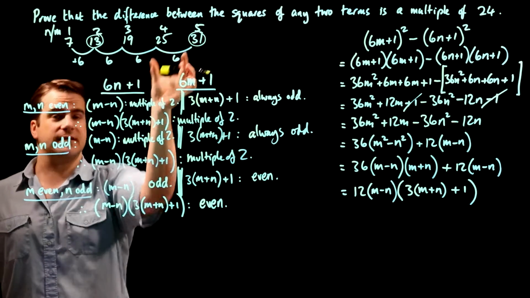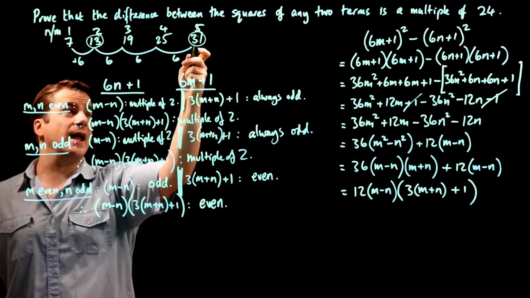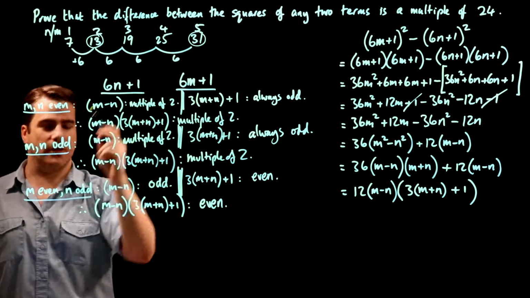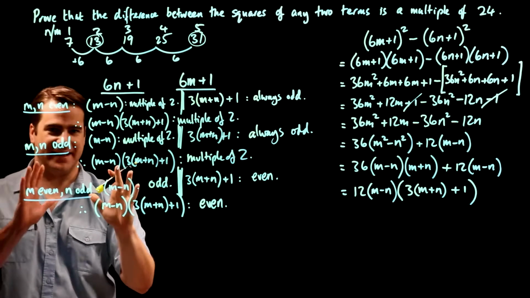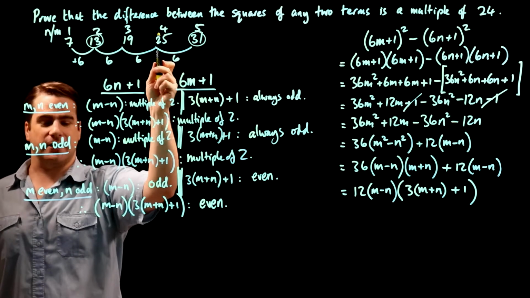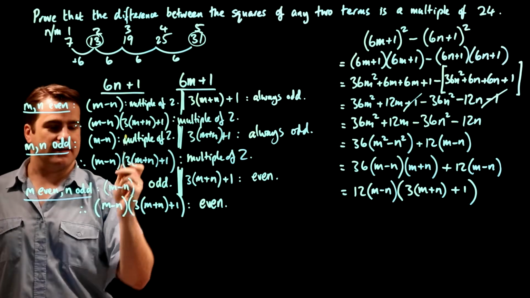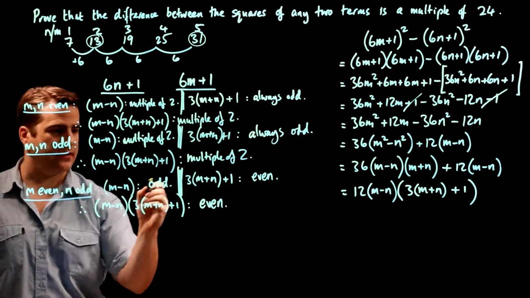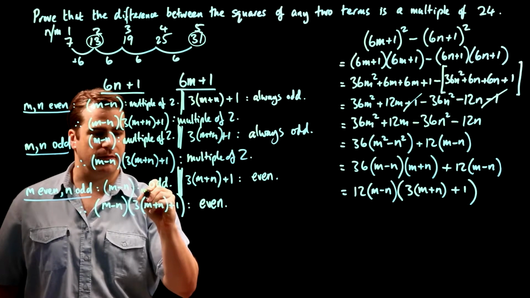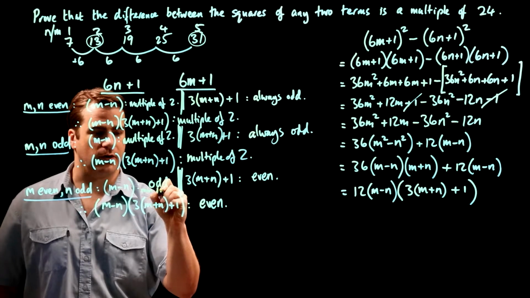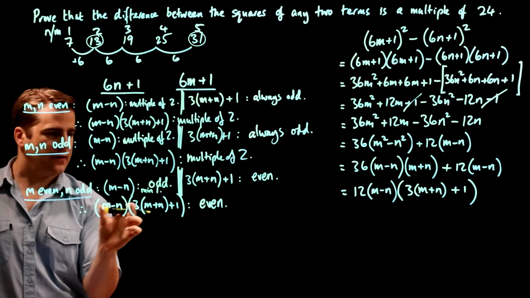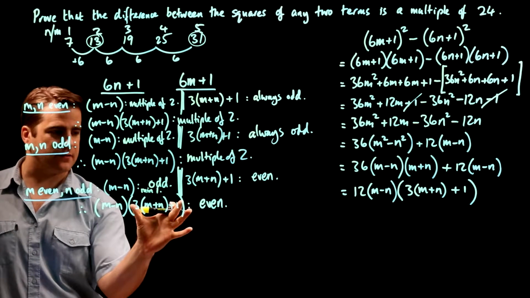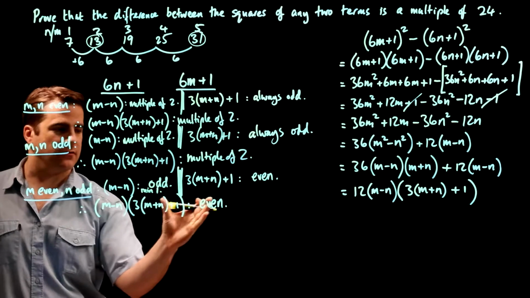In other words, they could be adjacent terms, or m 5 and n 4, or m 4 and n 3. They can be adjacent, and that can be as low as 1. It's odd and the minimum value is 1. So, if we can show that the minimum value of this is 2 or greater, we've won.